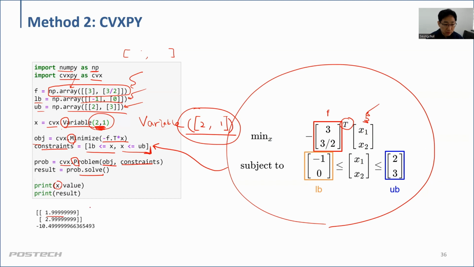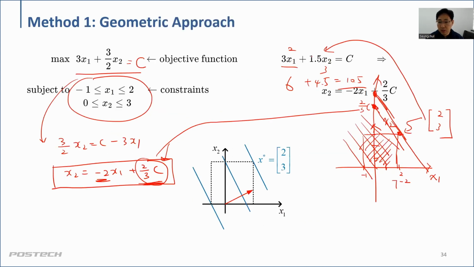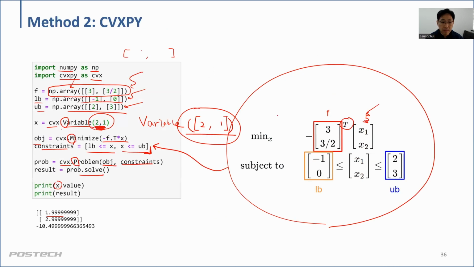So what was the true solution for that? What was it, 2 and 3, right? So it got almost 2, and almost 3, because as you can see, this uses an iterative way. So it's not exactly equal to 2 and 3, but you can say it is almost the same.